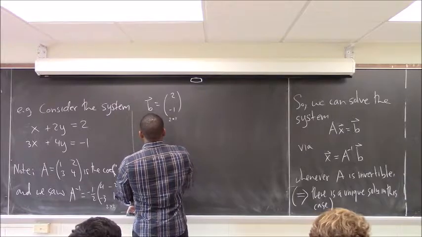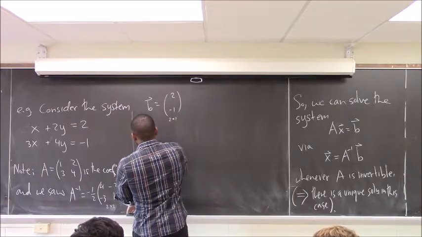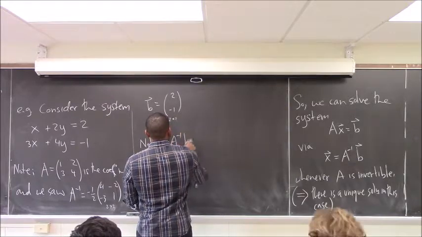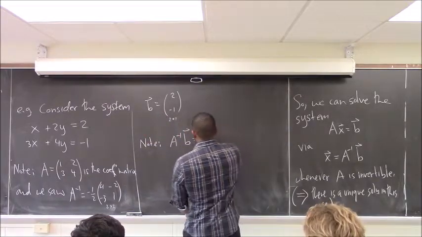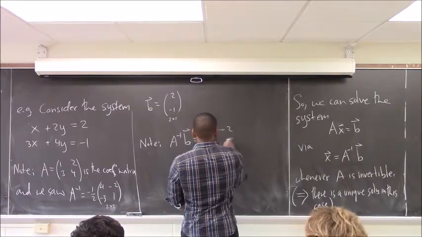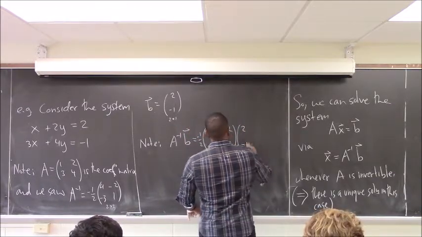So note that if I take A inverse times B, this is going to be minus 1/2, 4 minus 2 minus 3, 1, 2 minus 1.